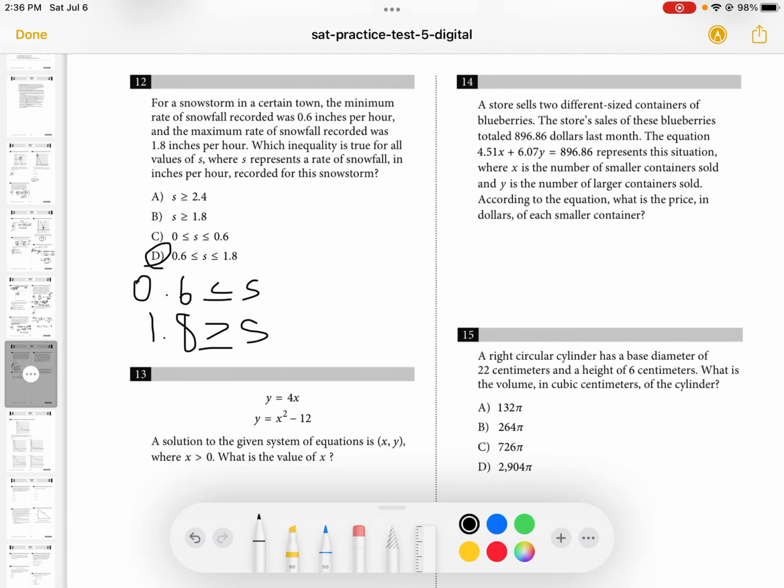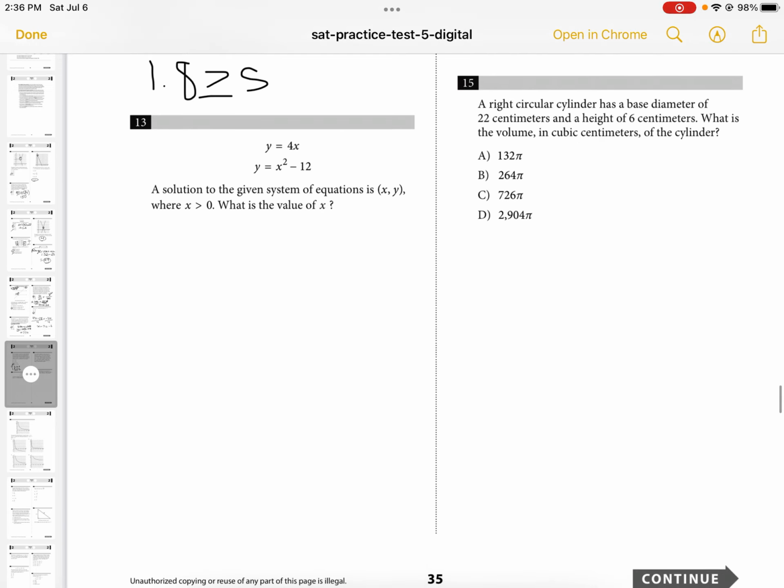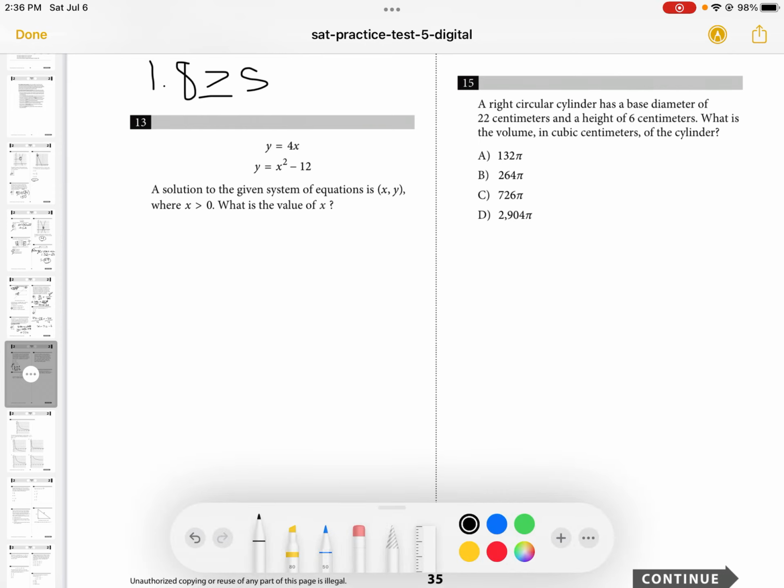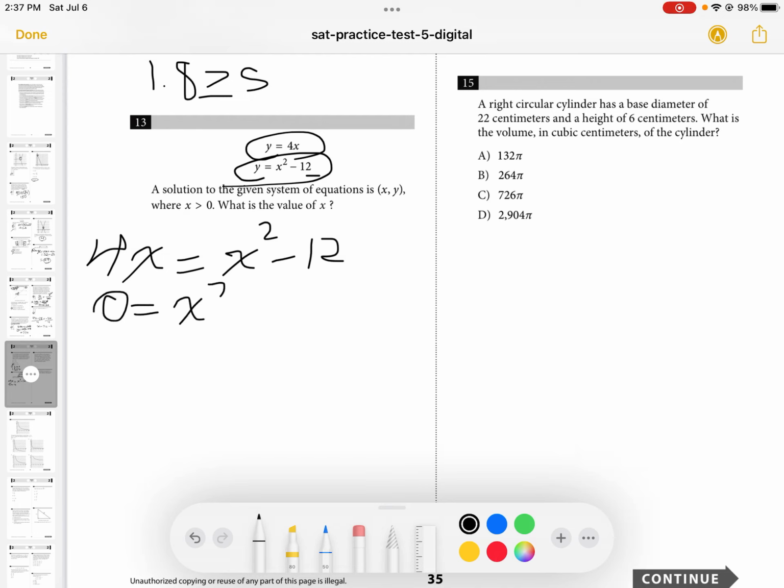Alright, number 13. A solution to the given system is (x, y) where x is greater than 0. What's the value of x? Well, we have 2 equations for y in the same variable, so we can put them equal to each other. So we know 4x is equal to x squared minus 12. Subtract 4x, you get 0 is equal to x squared minus 4x minus 12.